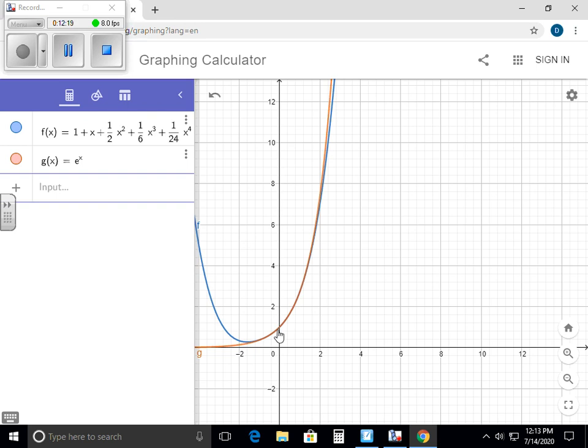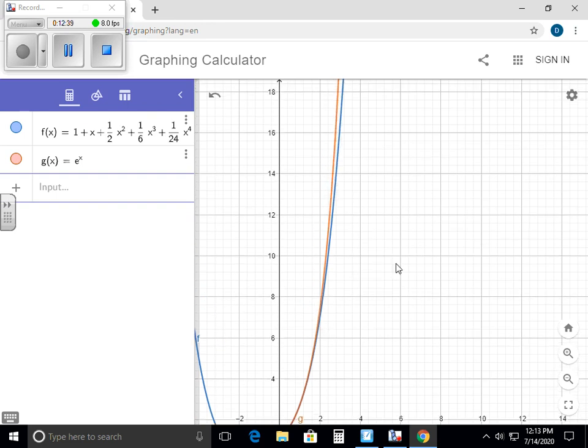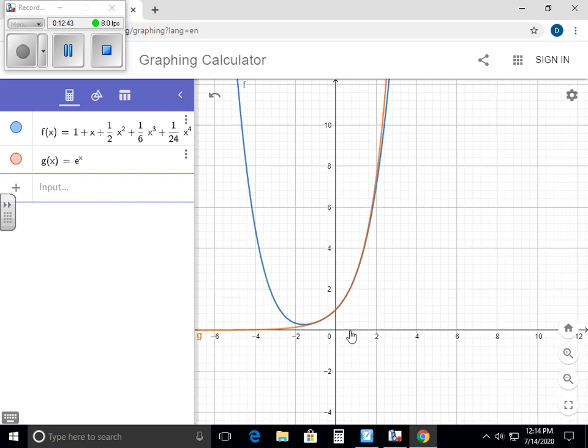But the farther to the left we go, eventually our curves diverge from each other. E to the x keeps going down with a horizontal asymptote while our polynomial turns. As we go farther to the right, our polynomial is a pretty good approximation, but the farther over we go, we get a little bit more and a little bit more error.